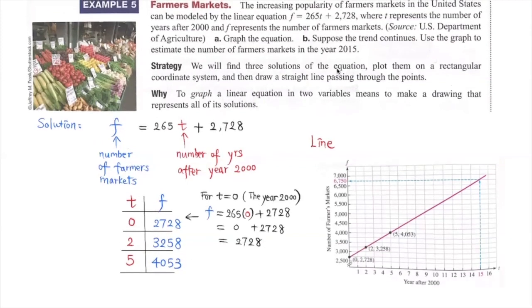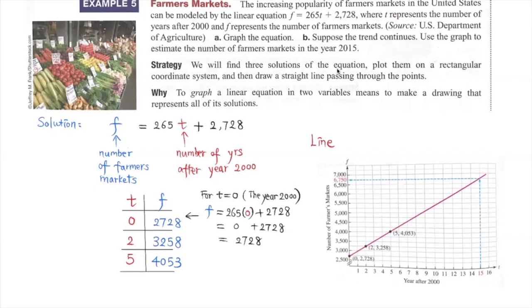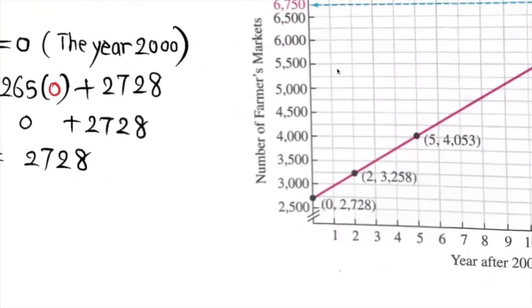Okay. So to graph this, we plug in those points. This corresponds to the year 2000, and here the year 2002, the year 2005. These are the 3 points right here. Notice that from 0 to 2000 there is a big distance, so sometimes you can break the coordinate axis and skip some numbers over here.